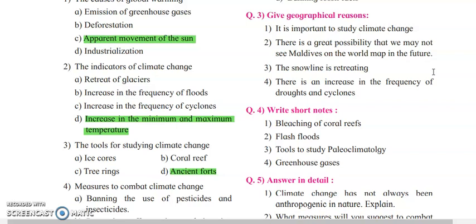Because of global warming, the situation in Maldives is getting worse day by day. Higher sea level may lead to a lot of cyclones and floods in the coastal areas of Maldives, and as it is a country surrounded by water, it is likely to be submerged soon under the water.